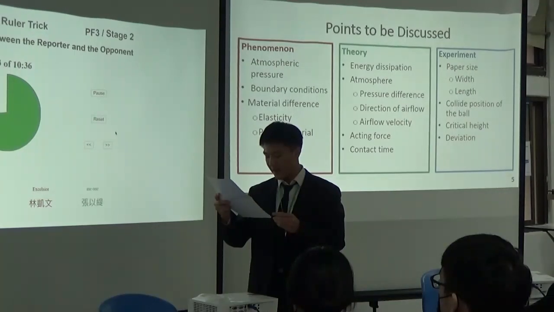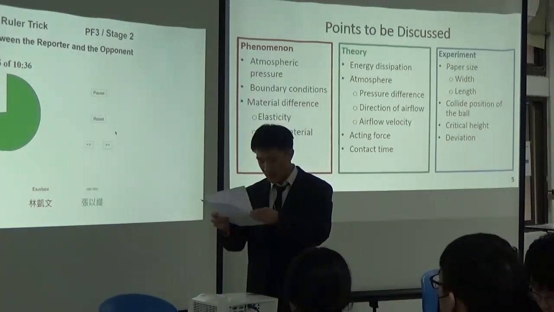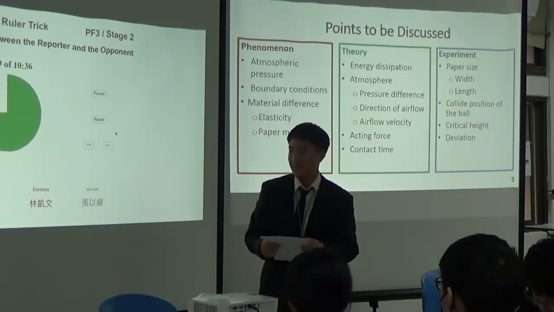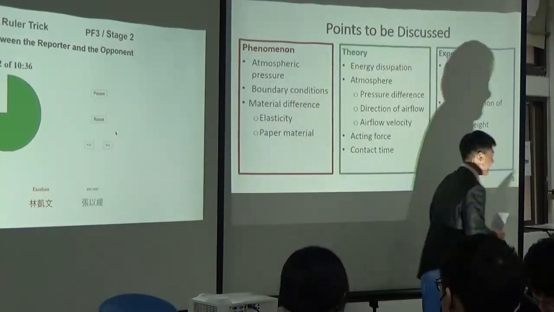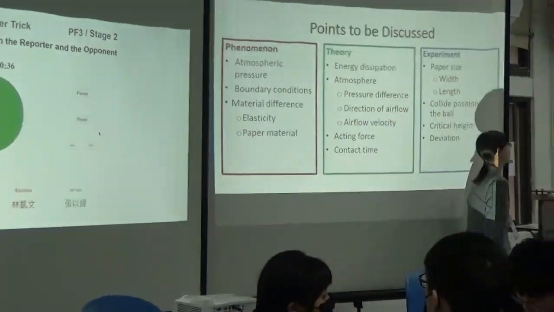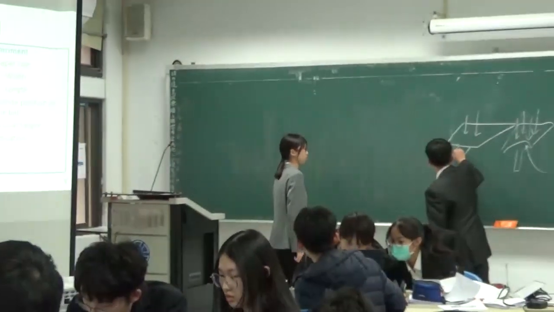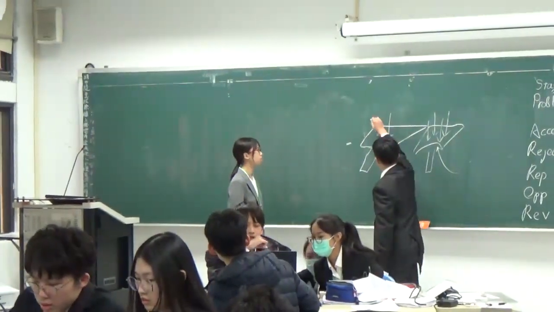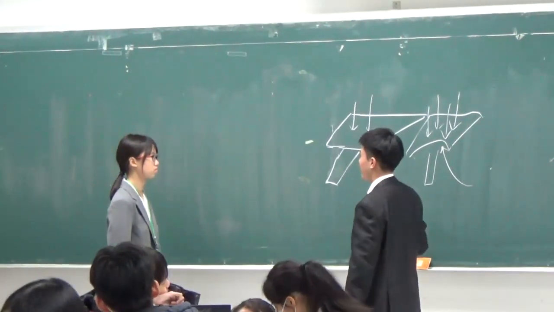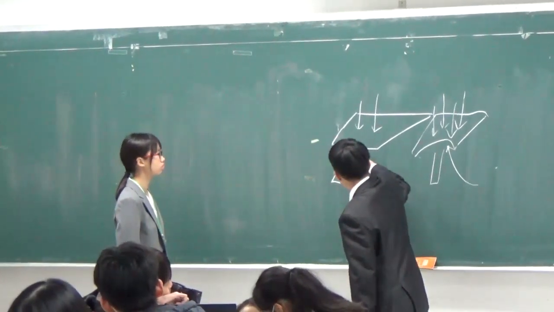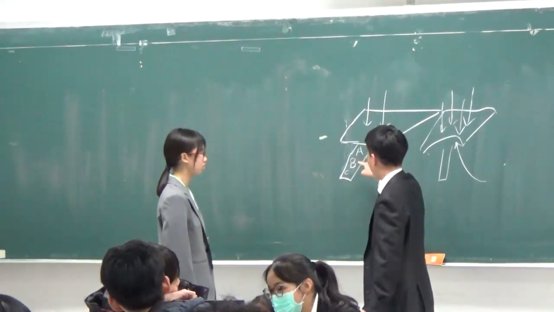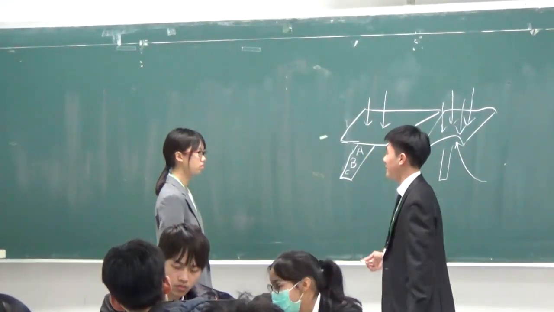So how do you think the position of the ball drop would affect the phenomenon? If the ball falls at point A, point B, or point C, how do you think it will affect the phenomenon?